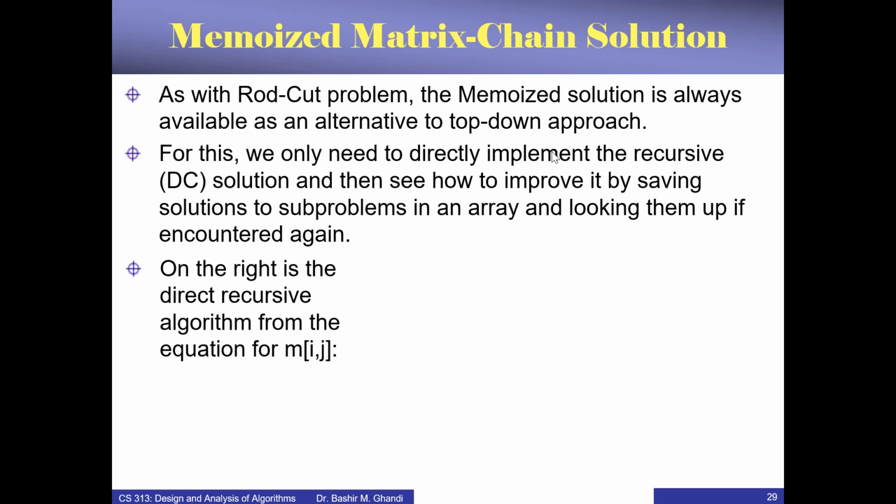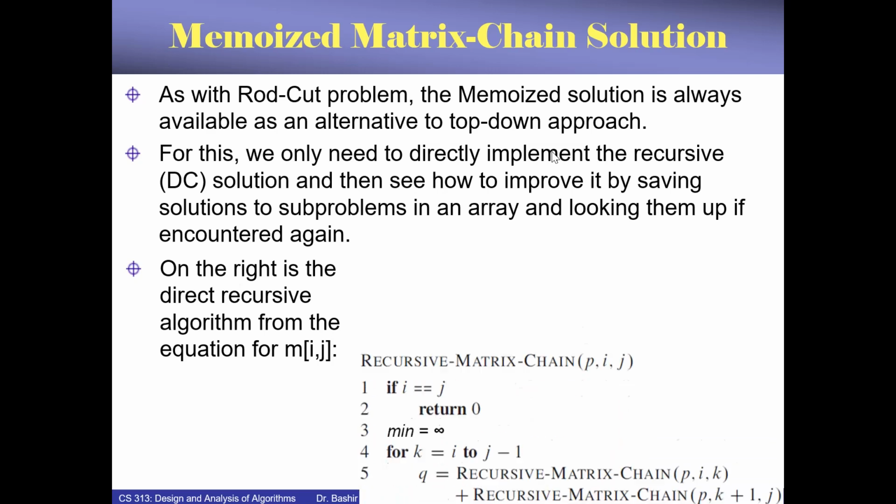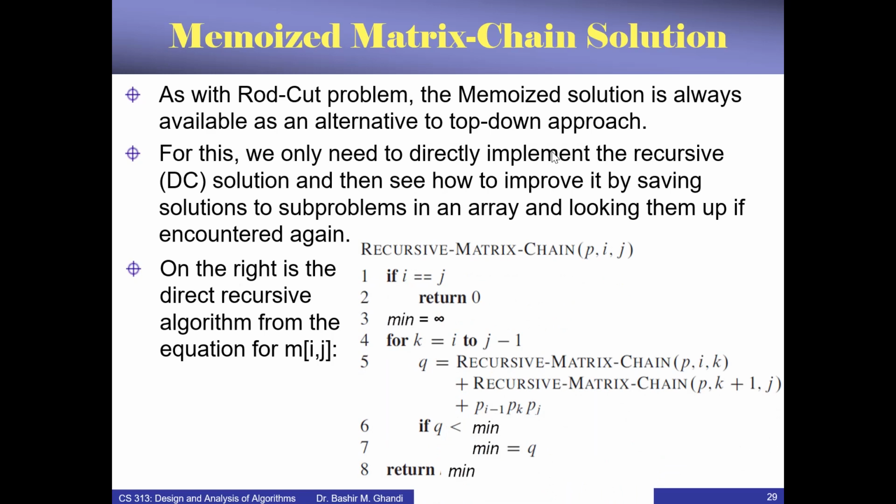So you're going to see on the right hand side the direct recursive algorithm to our problem using just divide and conquer, which is an ordinary recursive algorithm based on the formula we already derived. So this is the recursive matrix chain. It receives the array of dimensions and i, j. So obviously if i is equal to j, I return 0 because there is no chain involved with just one matrix.